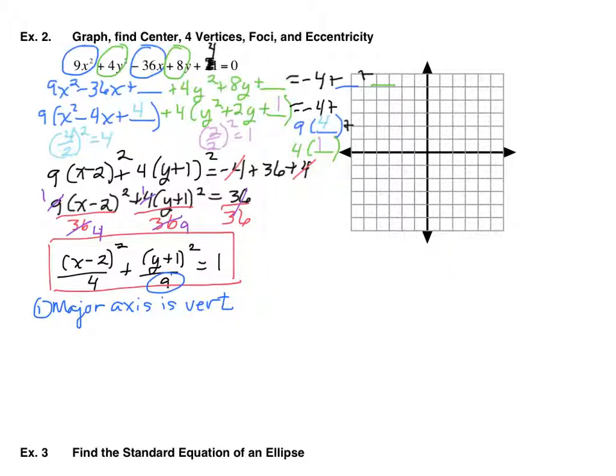Then we can look at our center. So step 2, what's our center? Positive 2, negative 1. Opposite signs of what you see in the parentheses here. So let's plot the positive 2, negative 1, and label it as C for center.